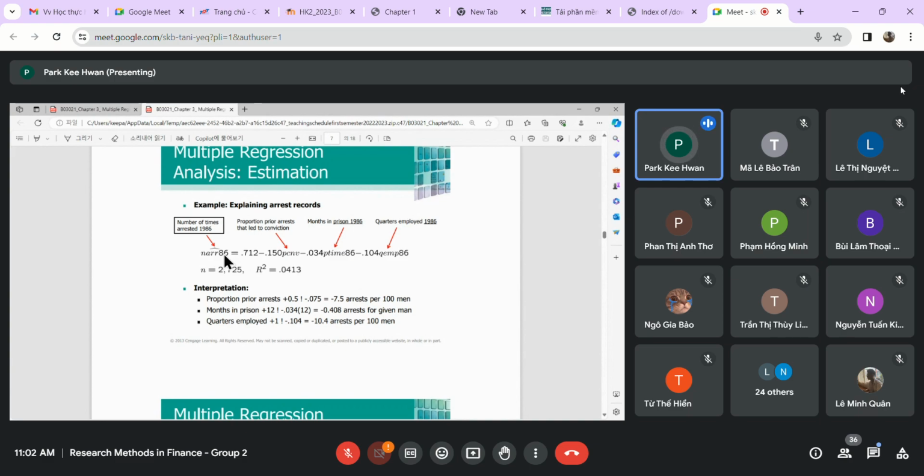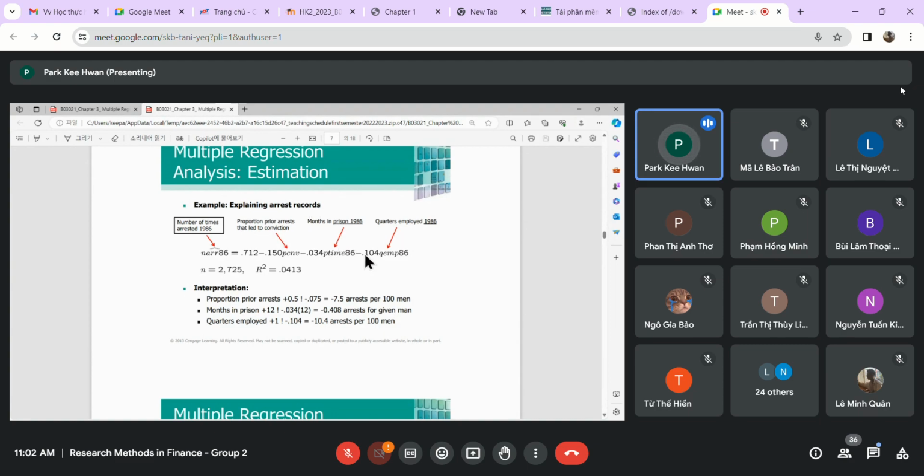And as an explanatory variable, we have the proportion of prior arrests that led to conviction. In other words, how many arrests led to conviction? Conviction means you plead guilty in court. So the more you plead guilty, the less likely to commit crime.